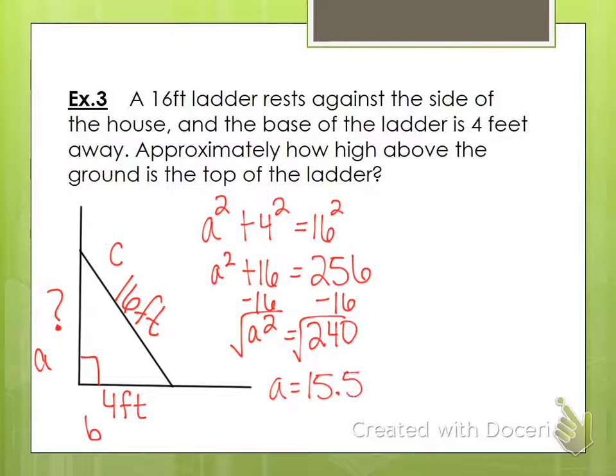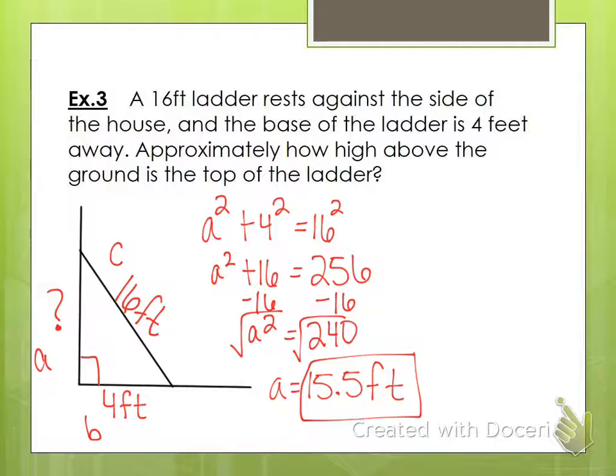Okay. Is that already rounded, or that came out that nice? You rounded it? Okay. We should put units on it. The units would be feet. So it's approximately 15.5 feet above the ground.